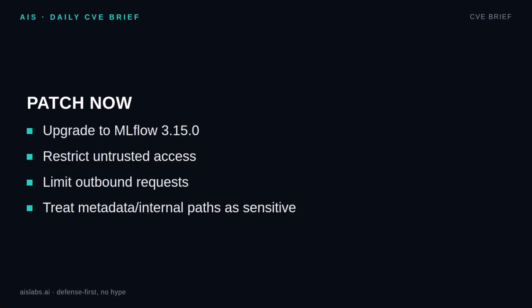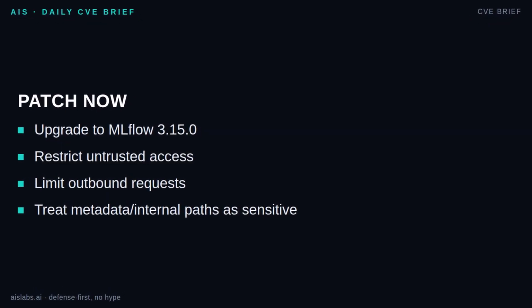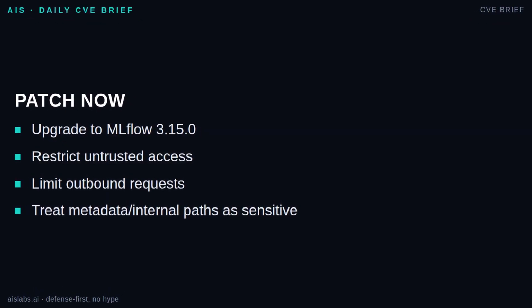The primary fix is to update MLflow to version 3.15.0, the fixed version named in the NVD description. If you cannot patch immediately, reduce exposure while the upgrade is being prepared. Restrict access to MLflow, so only trusted users and networks can reach it. Put the service behind appropriate authentication and network controls where applicable. Limit outbound network access from the MLflow host to only destinations it truly needs for normal operation.